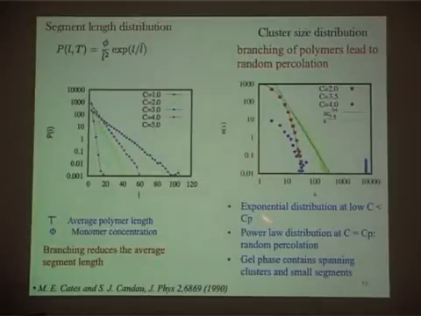So we have an exponential distribution for C less than this particular value, C equal to 3.5, and a power law for C equal to Cp. The gel phase actually contains spanning clusters, so as you go above this, you start getting another peak, which shows that there is this big spanning cluster.